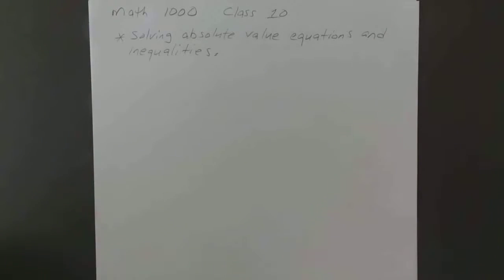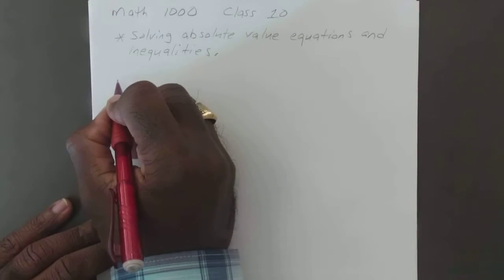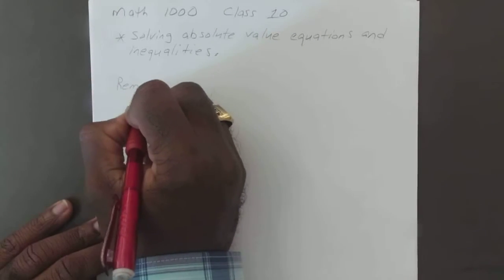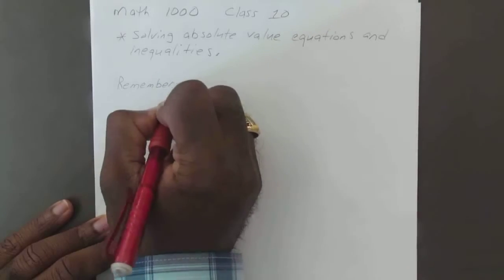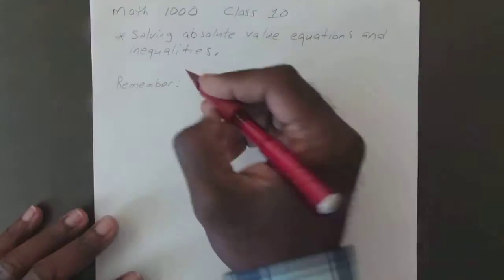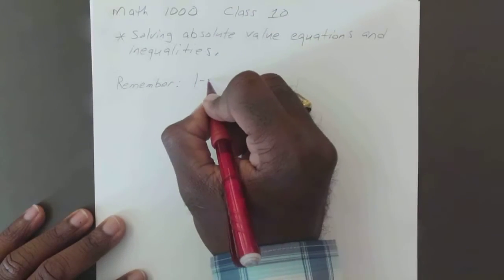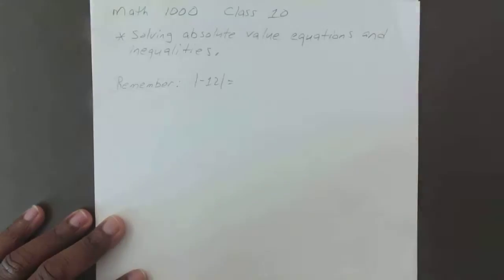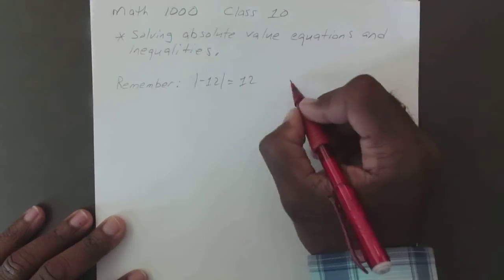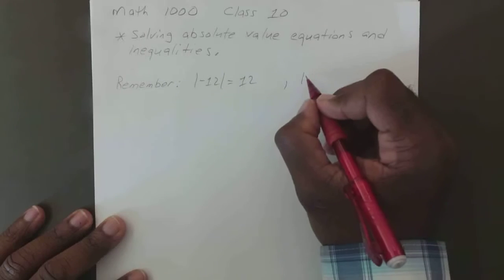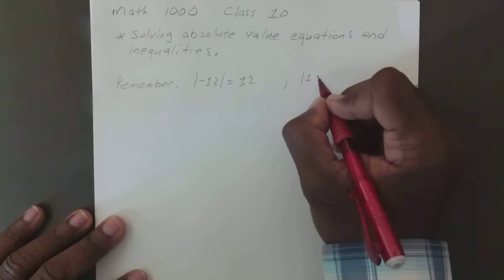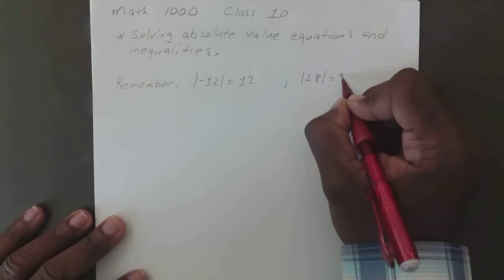Alright, so right now we're going to go over the main idea behind an absolute value. Okay, so we all know that the absolute value of negative 12 is just going to be 12, and the absolute value of positive 18 is just going to be positive 18.